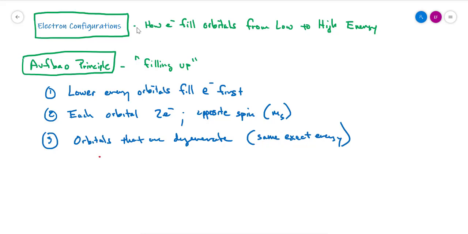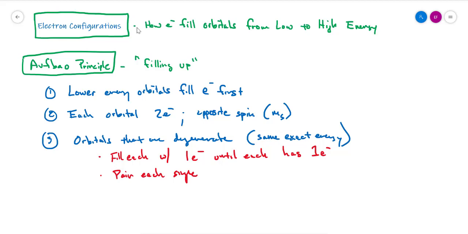How do we fill them? So we fill each with 1 electron to start with, until each has 1 electron in it, and then we pair each single electron 1 at a time with the opposite electron spin.